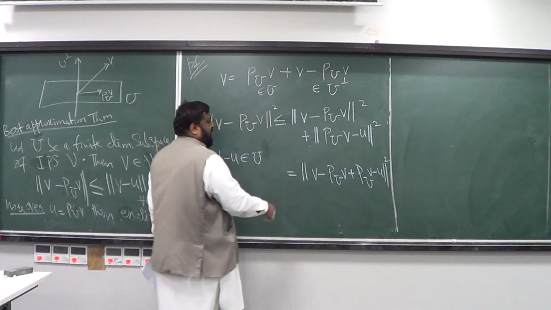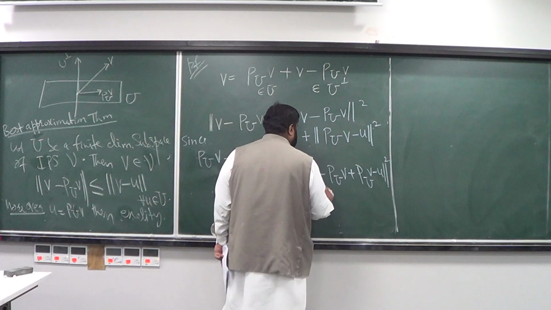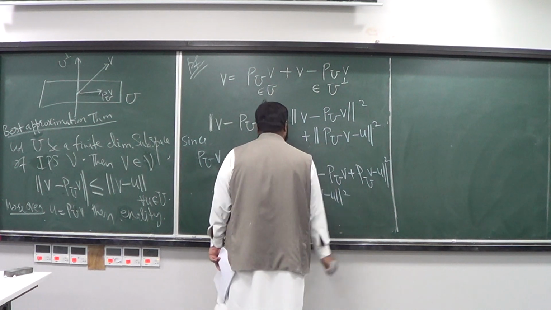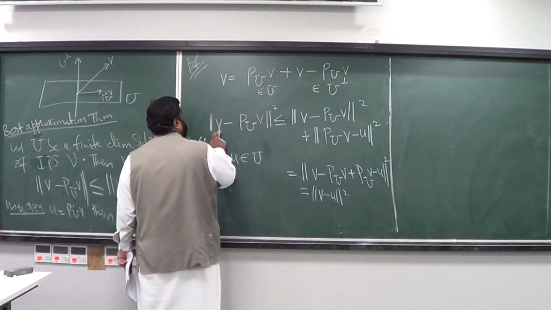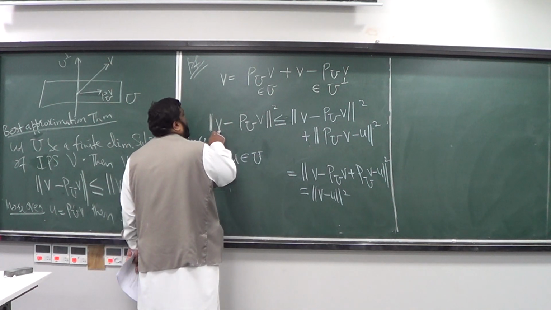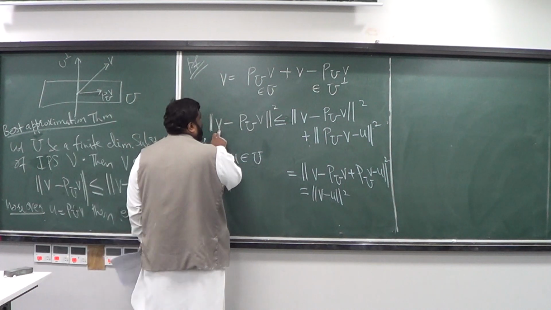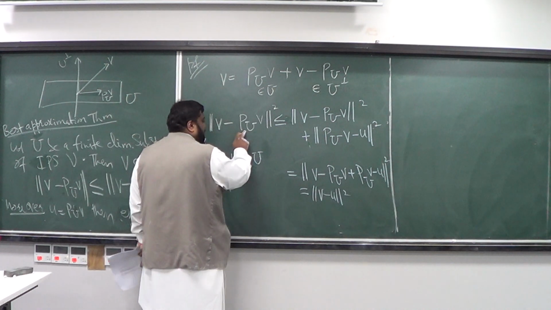So you're going to get this, which is the same as the norm of V minus U squared. This proves the claim, that the best approximation of V in the space U is the orthogonal projection.